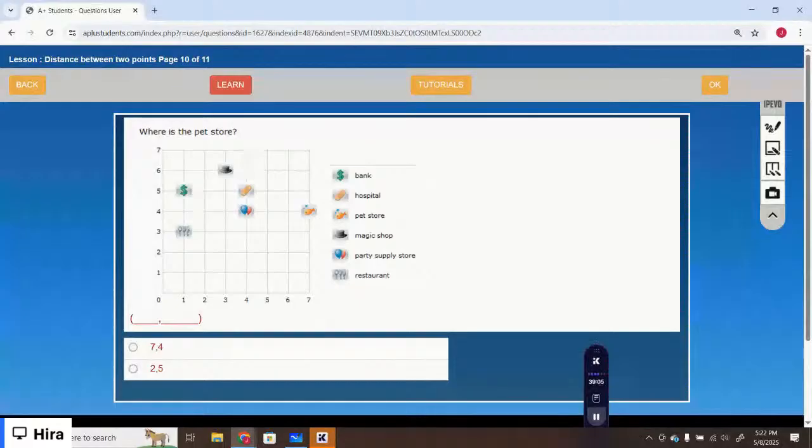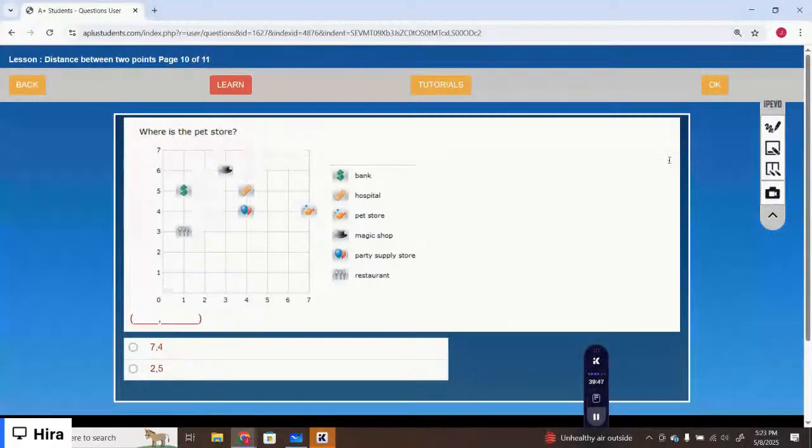Where is the pet store? Which is the correct option? The pet store is at (7, 4).